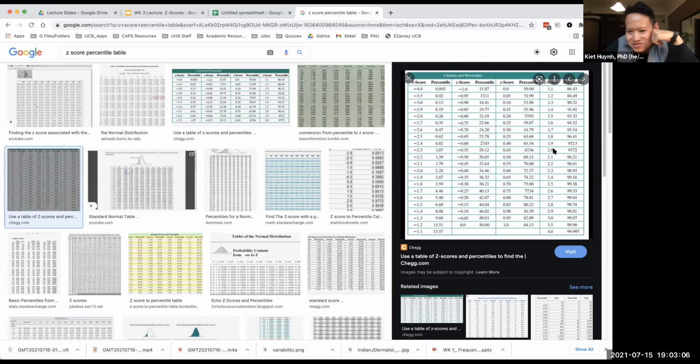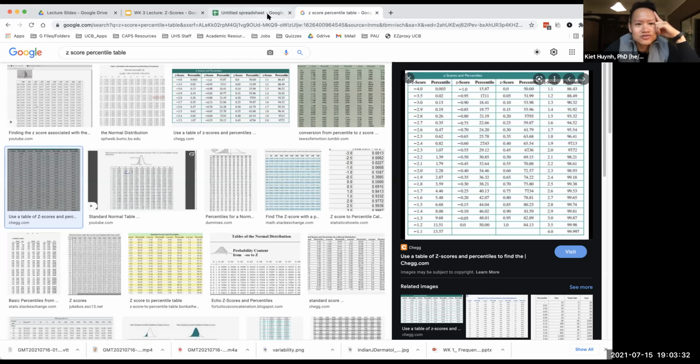Let's look at a Z-score of 2. What's the percentile rank? It's 97.72. Or I have a Z-score of 0. What's the percentile rank? 50. 0 is always the 50th percentile rank. You'll come across that a lot because it's the halfway mark. So this is the old school way, where you have the Z-score and then look on a table like this to see the percentile rank.